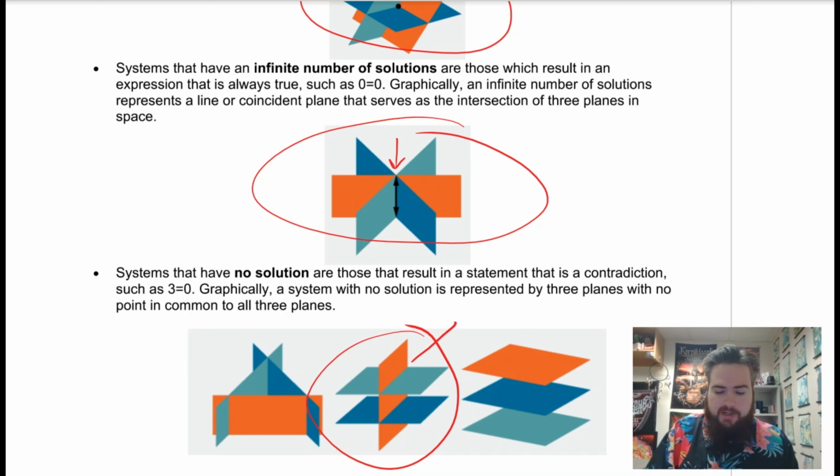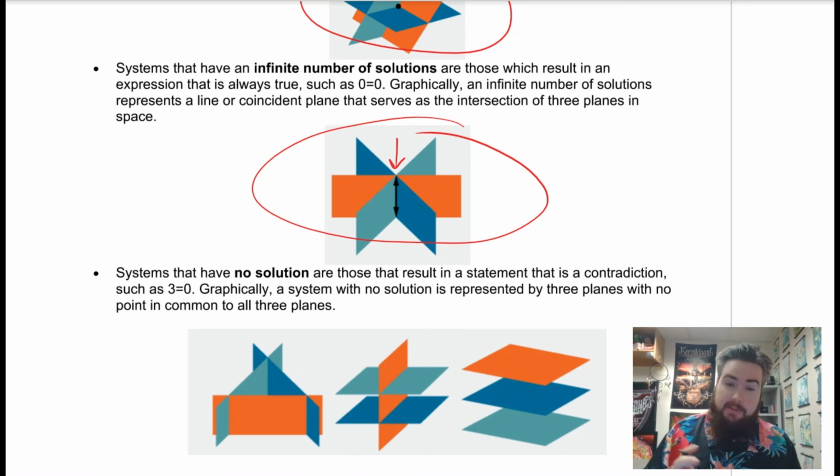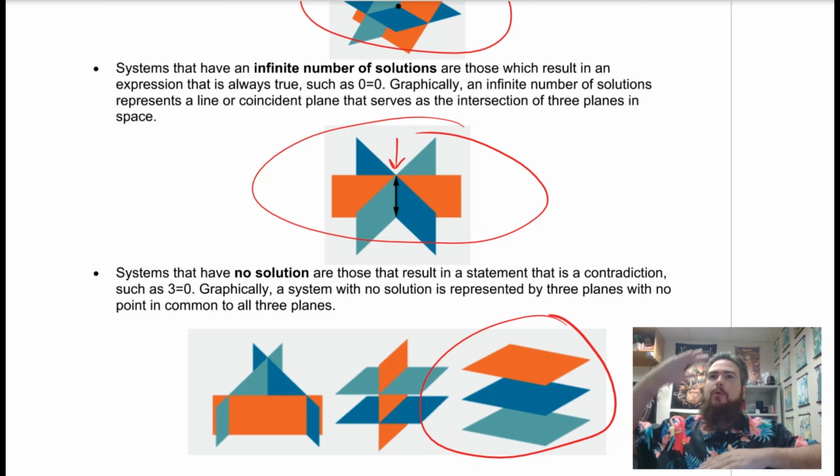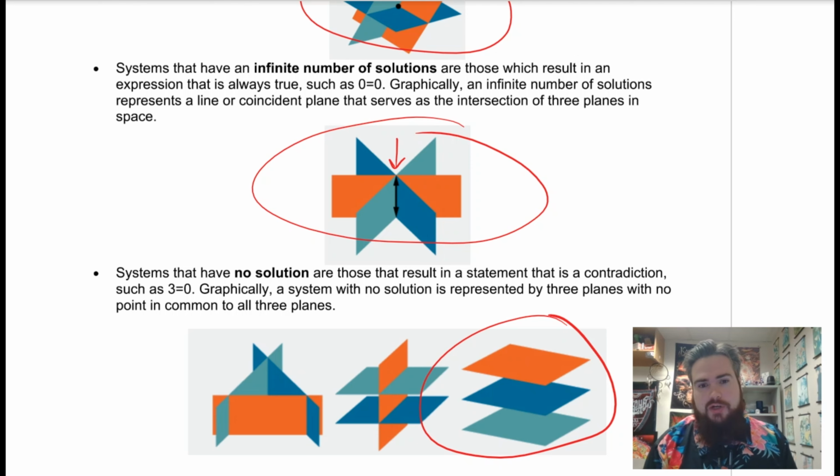The orange and green planes do intersect along this infinite line. The orange and blue planes intersect along this infinite line, but they do not all intersect at any same place. Or lastly, and probably the most commonly thought of, if you have 3 parallel planes, which means that they do not intersect in any scenarios, like you have 3 pieces of paper all floating above each other, that means you're not going to have any consistent solution either.